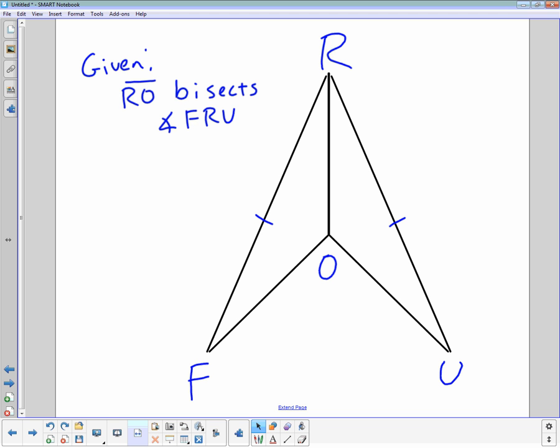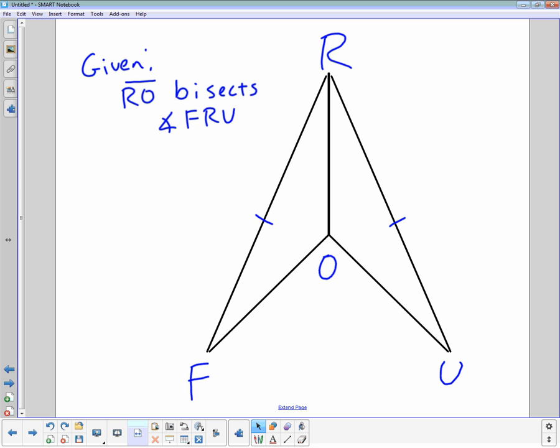So if you're talking about the left-hand triangle, it's got a segment in it called RO. And if I'm talking about the right-hand triangle, it's got a segment called RO, right? If you thought about them split up in your mind, those ROs, would they be different? No, they're the same thing, right? They're made from the same length, right?